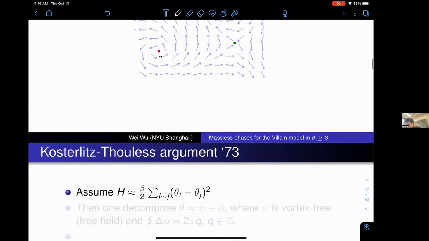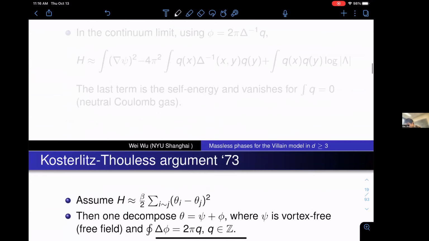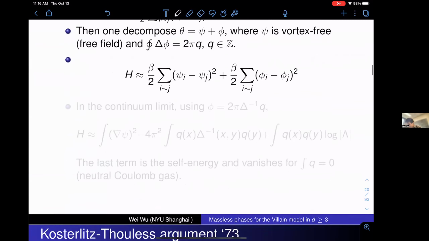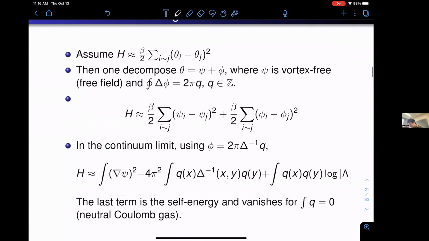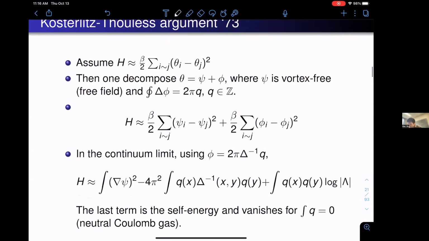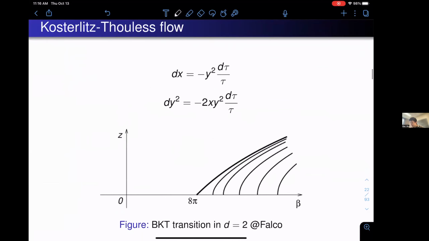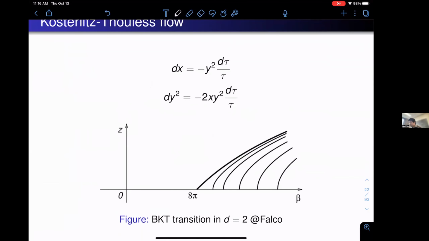There is some heuristic argument back in the 70s, which I probably won't go through in detail, which shows that the vortices behave like a neutral Coulomb gas, at least in 2 dimensions. In particular, in the work of Kosterlitz, some kind of renormalization flow was carried out based on integrating out the Coulomb gas at different scales.